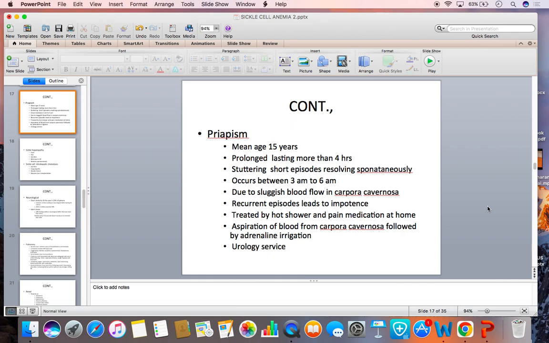Aspiration of blood from corpora cavernosa followed by adrenaline irrigation. Followed by that, involve the urological service. These are the steps of management. It commonly occurs around 15 years of age. Between 3 a.m. and 6 a.m. is the risk period.